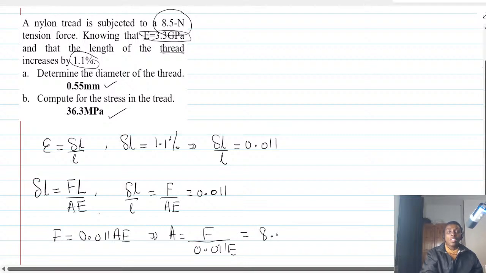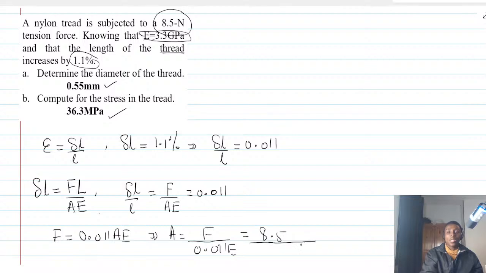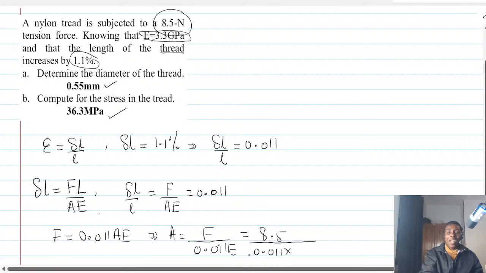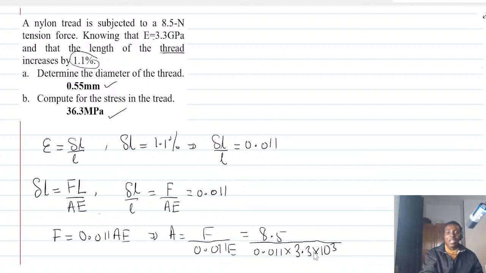The force is 8.5 newtons. And then 0.011 multiplied by the Young's modulus. Now the Young's modulus was given as 3.3. That is for nylon. So it will be 3.3 times 10 to the power 3. That is in megapascals.